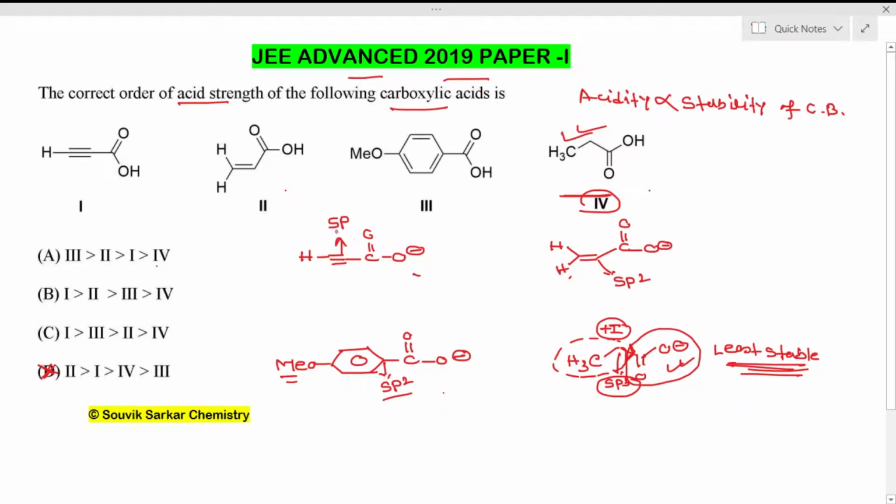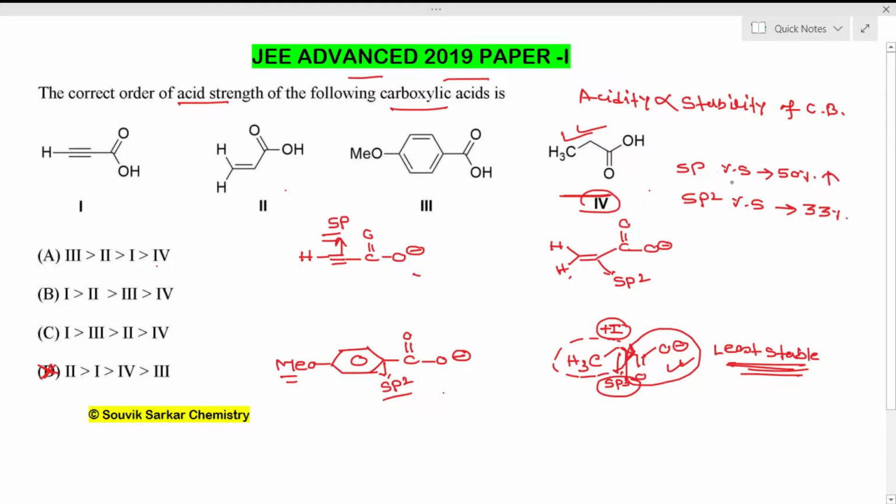Now this one is sp hybridized and these two centers are sp2 hybridized. For an sp hybridized carbon atom, the percentage of s character is 50%, and for sp2 it is 33%. As the percentage of s character increases, the electronegativity of the corresponding carbon atom also increases.